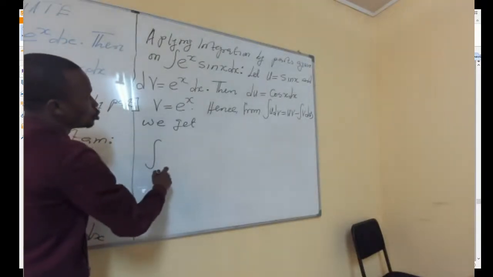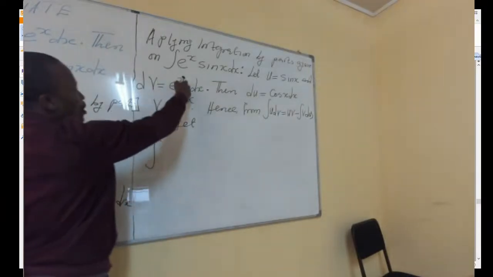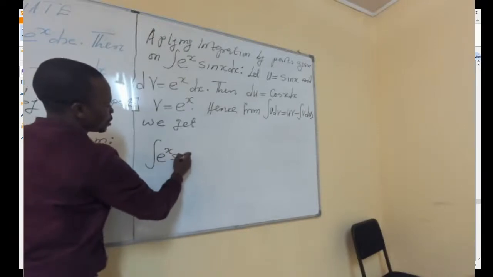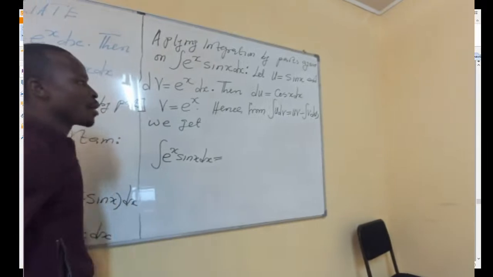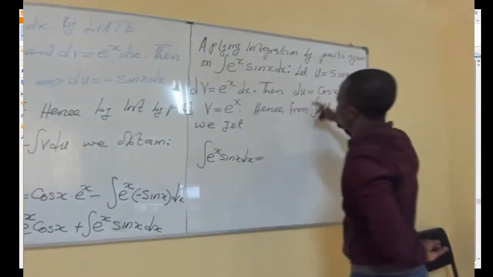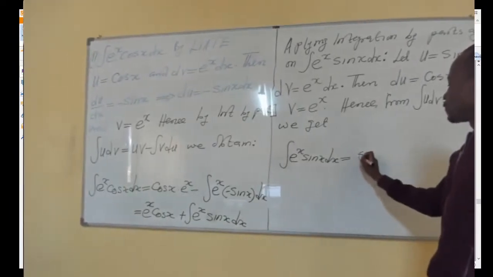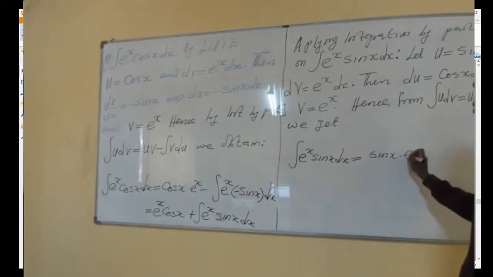Now our u in this case is sine x, our dv is e to the power x dx. When you multiply those two, you're going to have e to the power x sine x dx is equal to our v. In this new one, our u is sine x. So we have sine x times our v is e to the power x.